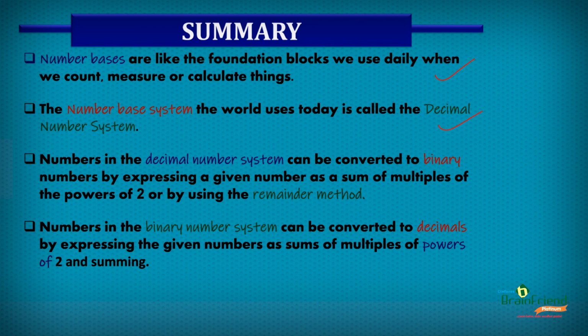Going on, we learned that numbers in the decimal number system can be converted to binary numbers by expressing a given number as a sum of multiples of the powers of 2, or by using the remainder method. And lastly, we learned that numbers in the binary number system can be converted to decimals by expressing the given numbers as sums of multiples of powers of 2 and summing.